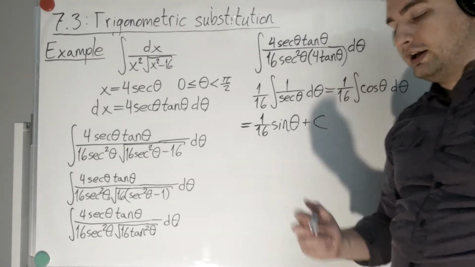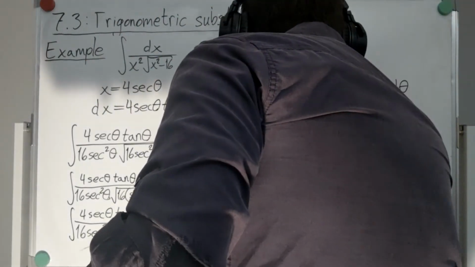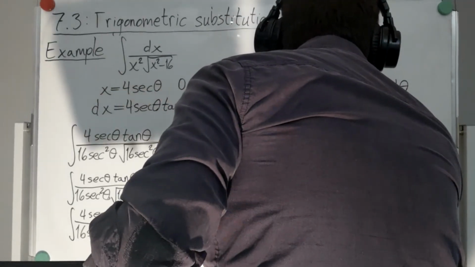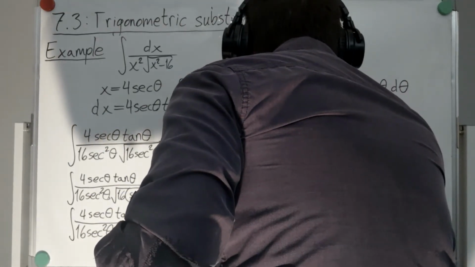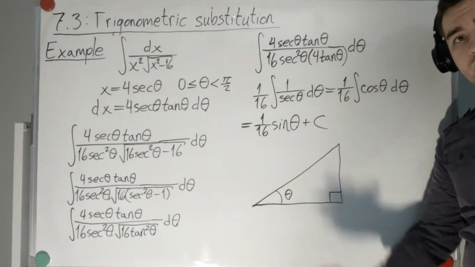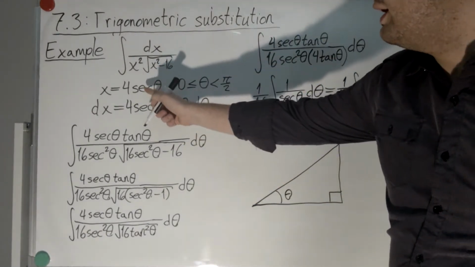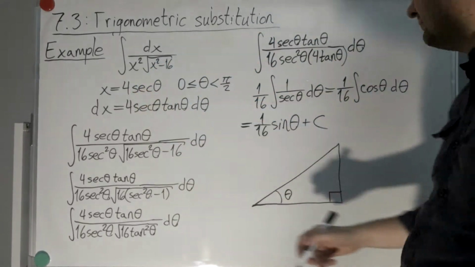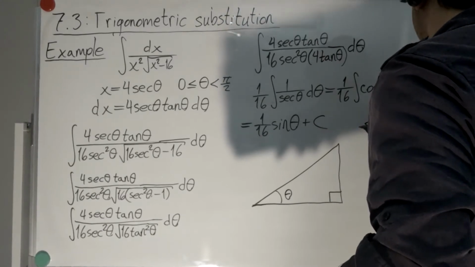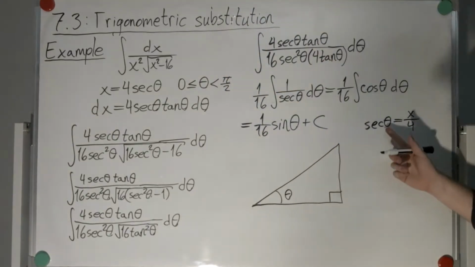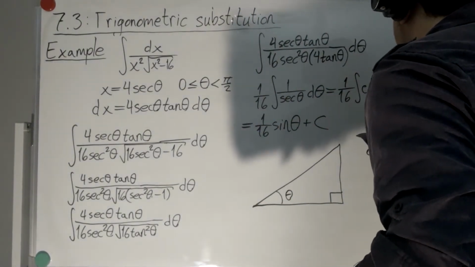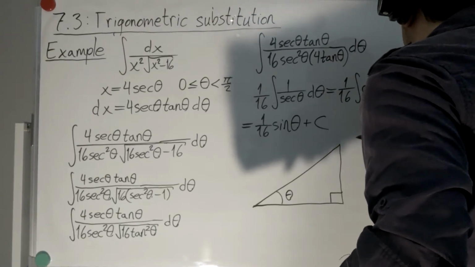And the way we can do that is by just drawing a right triangle. Okay, so I'm going to draw a right triangle, and I'm going to declare that angle to be theta. Now, if secant theta equals x over 4, and it does, because that's how we define things, so secant theta equals x over 4. Well, secant theta we know is 1 over cosine theta, so therefore cosine theta equals 4 over x.